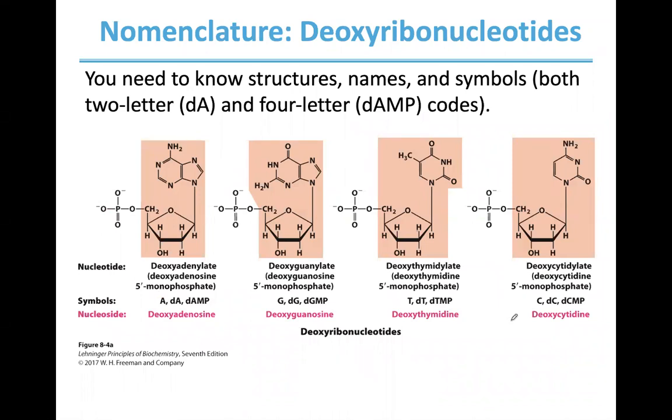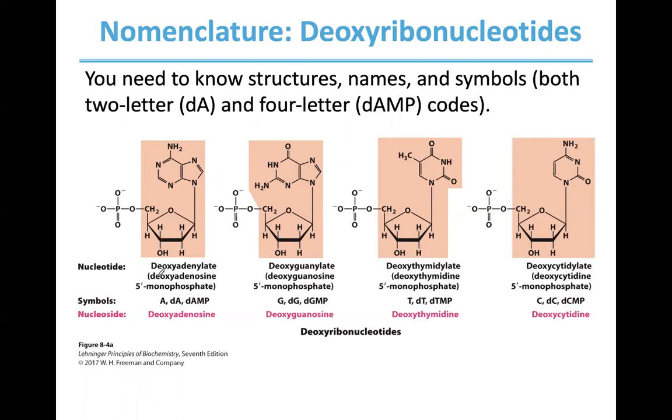All right, so you will need to know the structures, names, and symbols, both 2-letter and 4-letter codes. So here is our nucleotide, deoxyadenylate. Now, there is a second name for it. Remember, a nucleotide is the base, ribose, and phosphate. But you can also just name this part, which will be the nucleoside, and then say that it's a monophosphate.